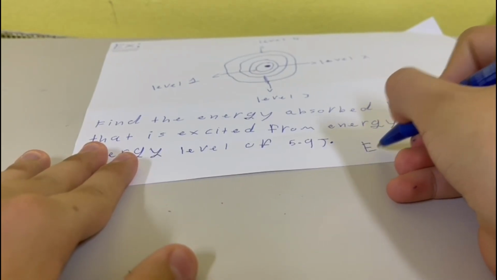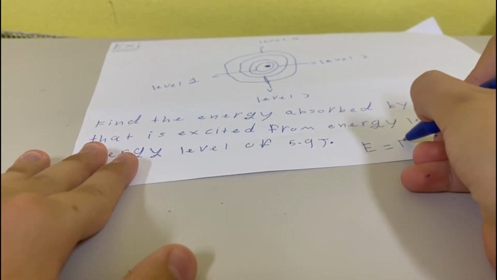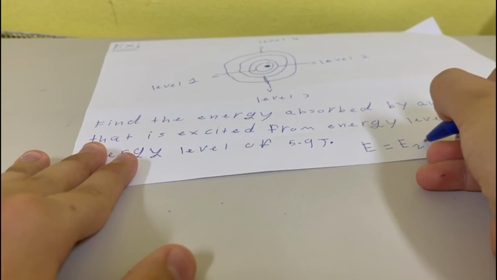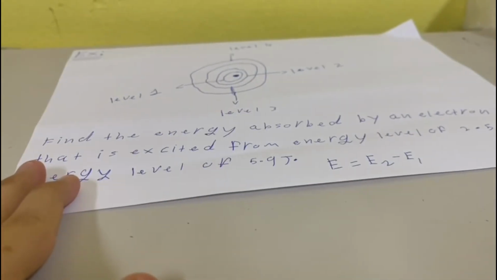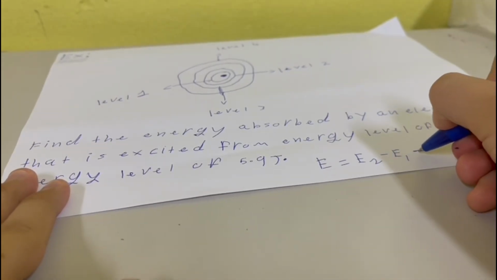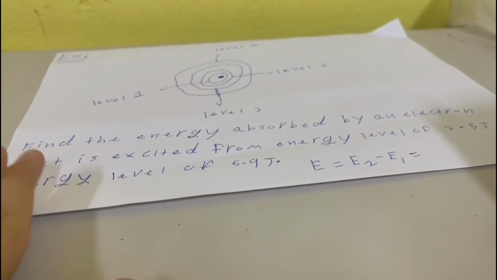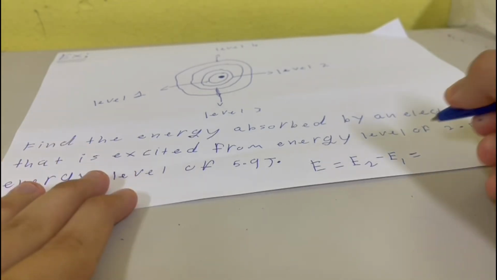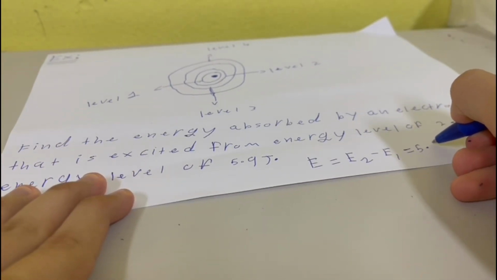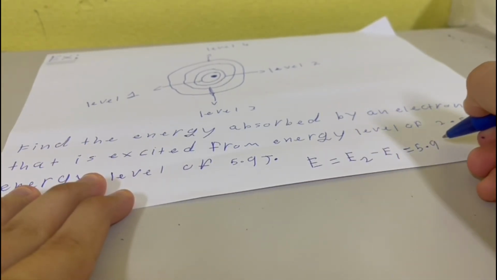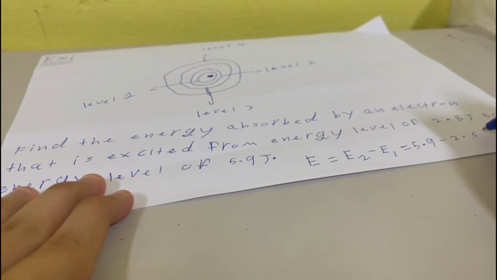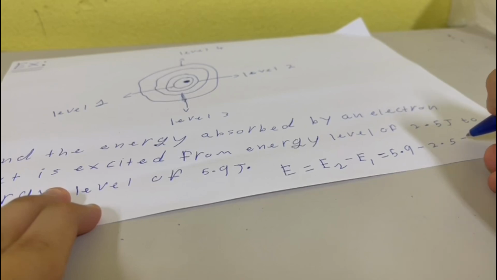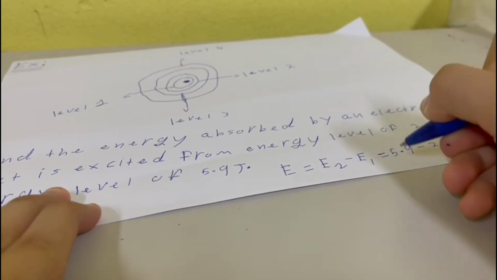ΔE, which is equal to E2 minus E1, where E2 is the final energy. The final energy here is 5.9 joules minus 2.5, which is the starting energy, so it is 3.4 joules.